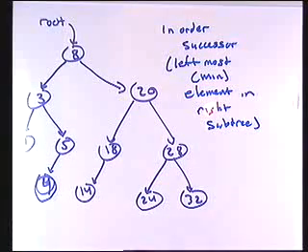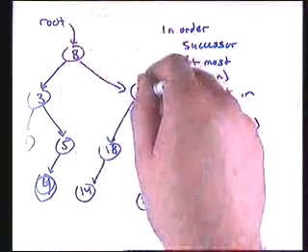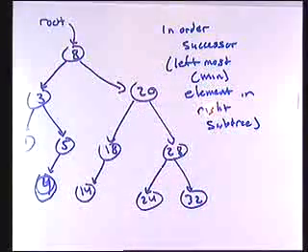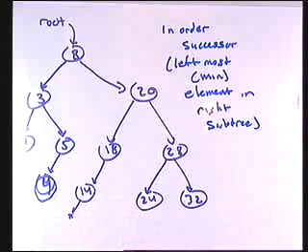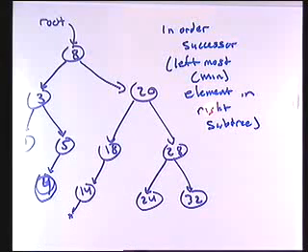So the rule for the in-order successor is to follow the right pointer and then follow the left pointer until you hit a null, and the node right before that null is your in-order successor. And that's what you want, because I know for sure that it doesn't have a left child.